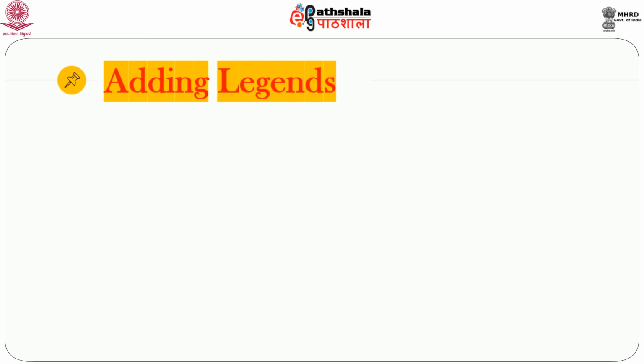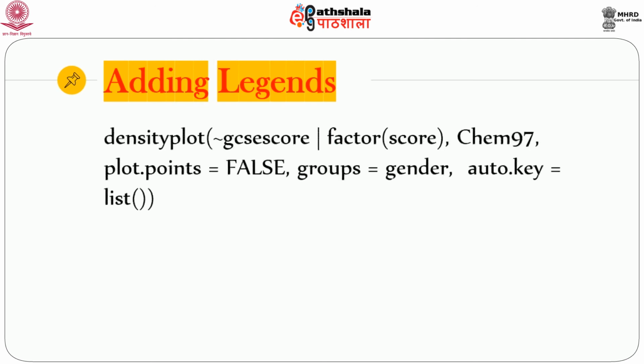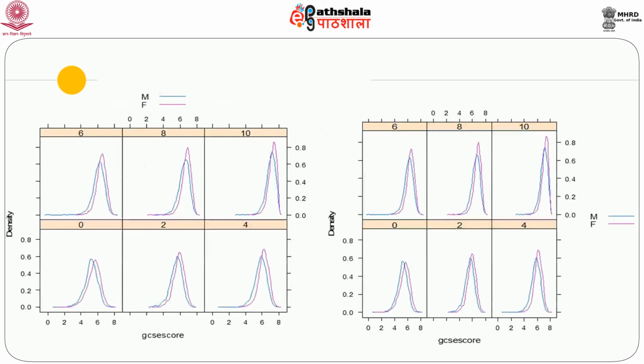One can simply use auto.key equal to list(space equal to right) in the above call, or even auto.key equal to true, which would use the default space equal to top. So it will put the legend at the top.